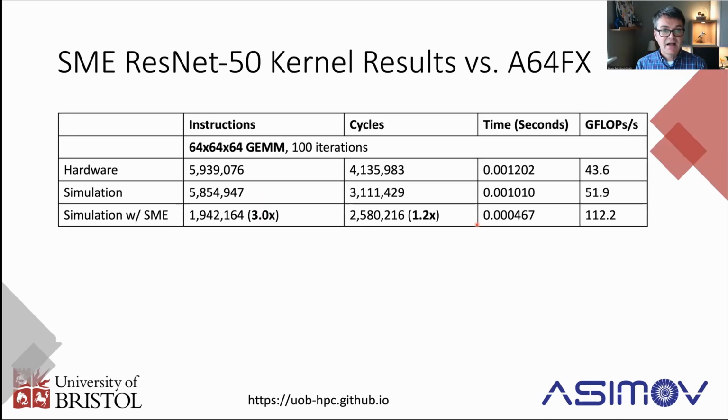So that's quite interesting. And then you can look at things like ResNet, which is one of the AI kernels that spends most of its time inside GEMMs, so matrix multiplies.